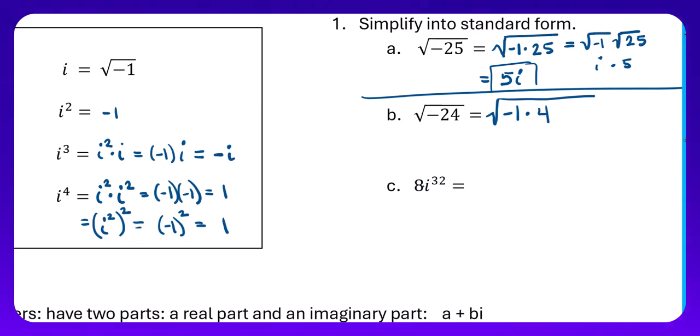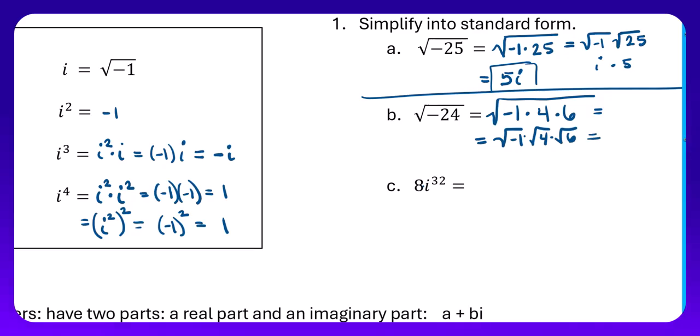So I'm going to do 4 times 6 because 4 is a perfect square. I know 6 can get broken up into 2 times 3, but neither one of those are perfect squares, so we'll just leave them. Okay, so now I have the square root of -1, the square root of 4, square root of 6, and all of them are multiplied together.